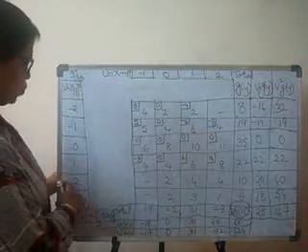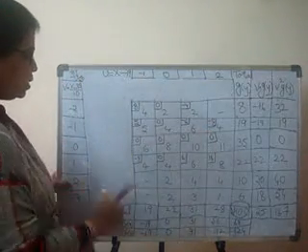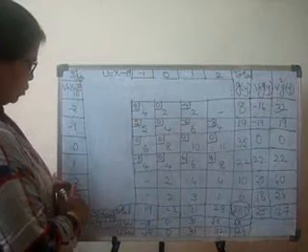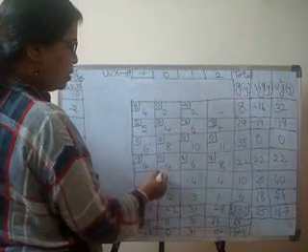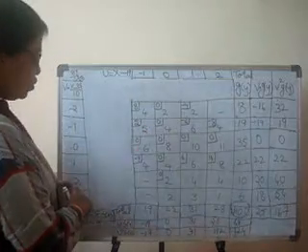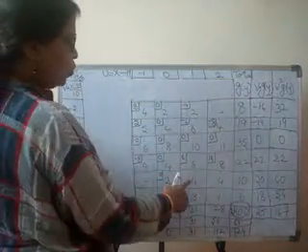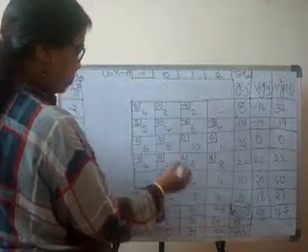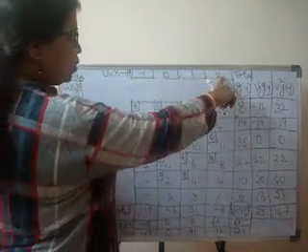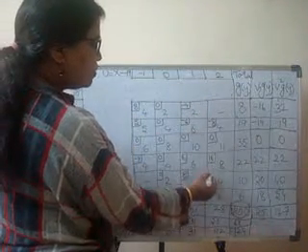Next 2. 2 into minus 1 is minus 2 and there is no value, so we need not write. Minus 2 into 0 is 0. 0 into 2 would be 0. 2 into 1 is 2. Into 4, 8. 2 into 2 is 4. 4 into 4, 16.